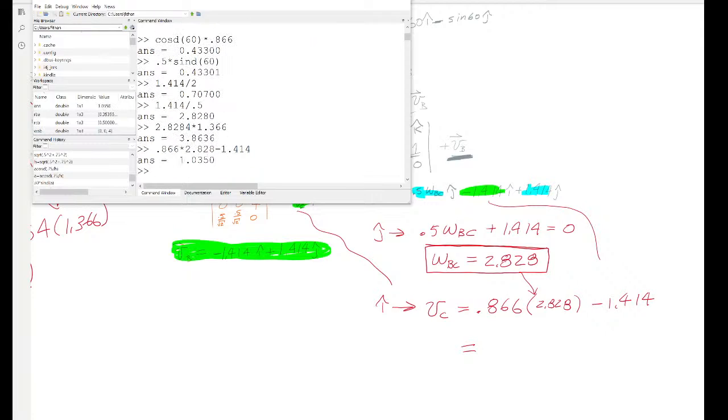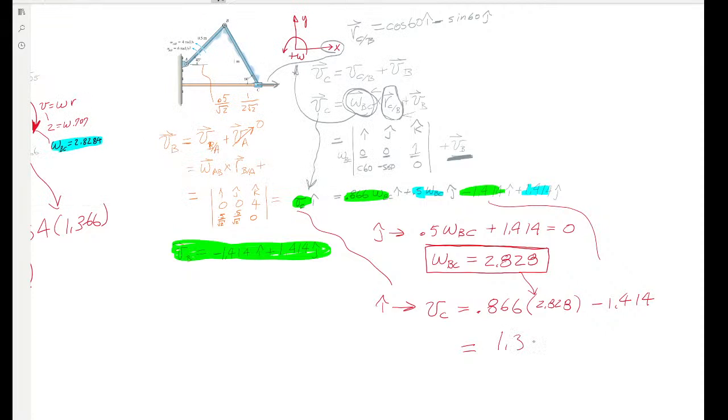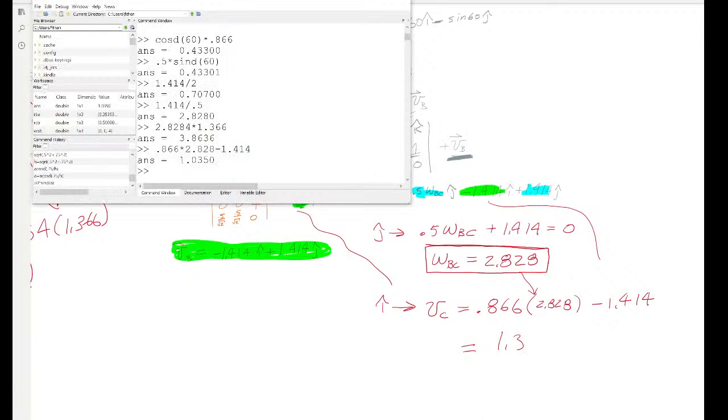I get 1.3. So I've got a problem here. 1.3, I lost track of it, 3.5.